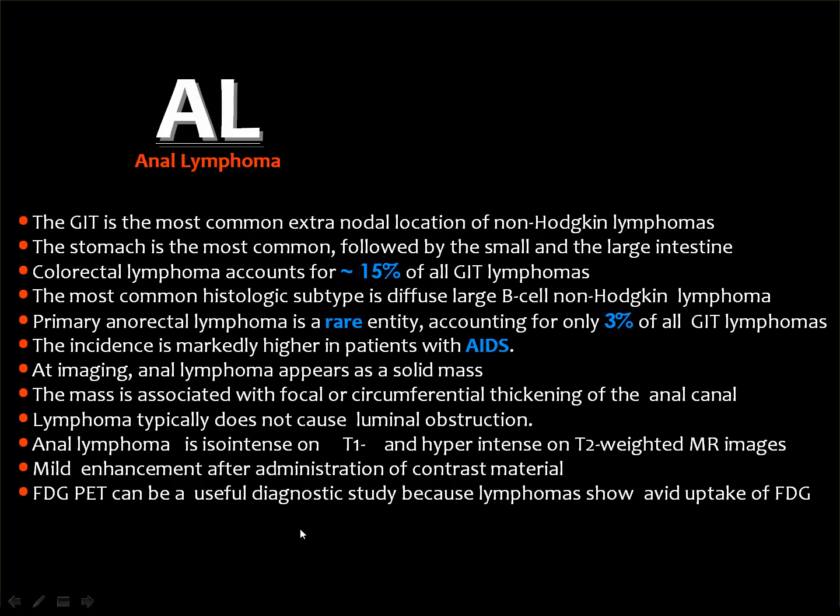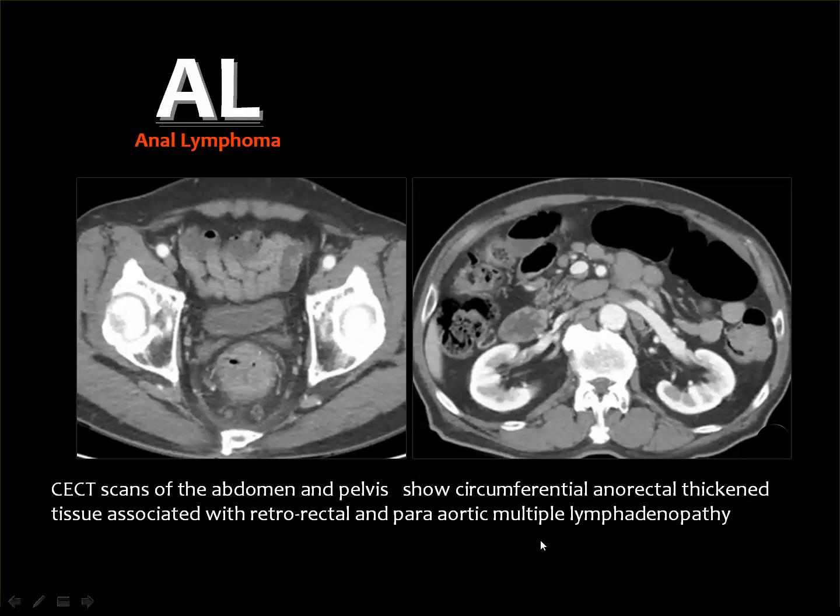It has no tendency to obstruct the lumen of the bowel, and the presence of ulcerations or areas of breakdown is considered an uncommon feature of lymphoma. Then if you use the PET-CT, you get significant metabolic activity.